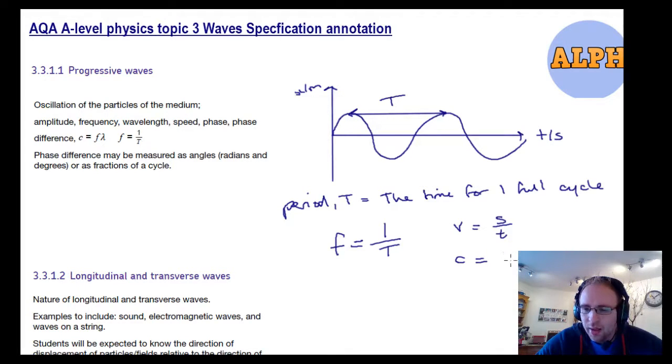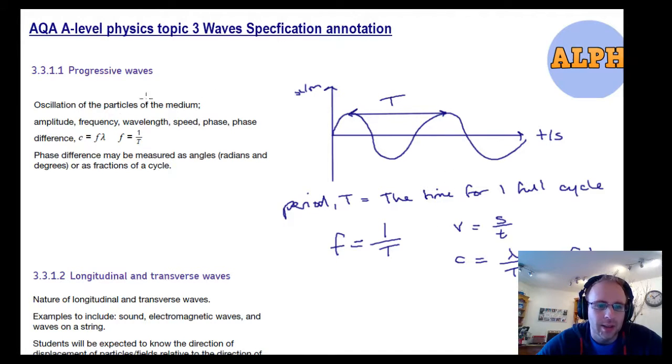So in time T, so in one period, the wave travels one wavelength. So if frequency is 1 over capital T, then 1 over T multiplied by wavelength is the same as saying frequency times wavelength. So that's our wave speed equation. And you'll need to know how to figure that out.